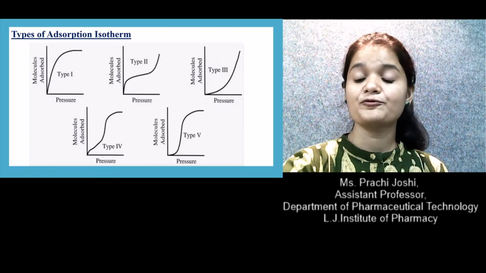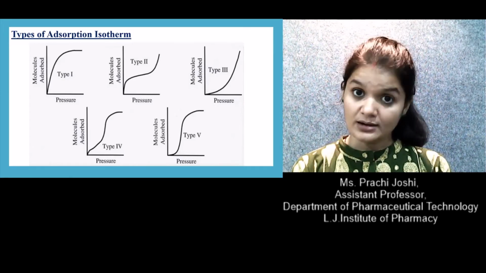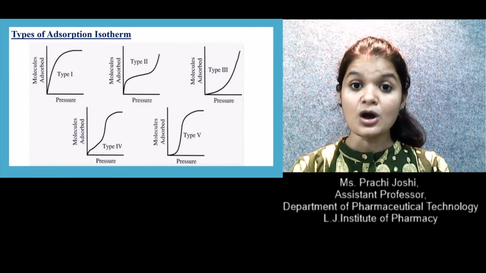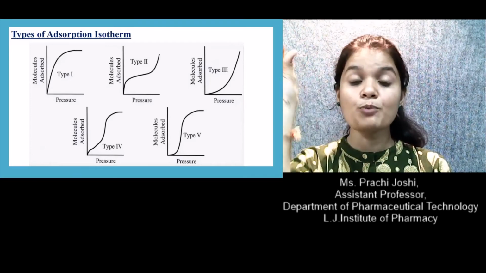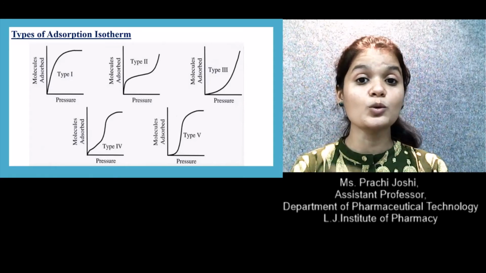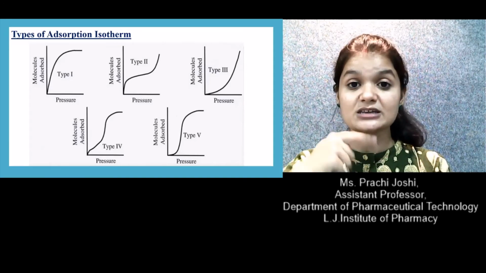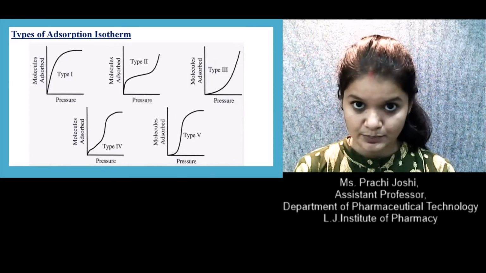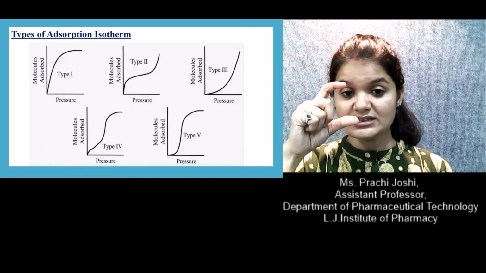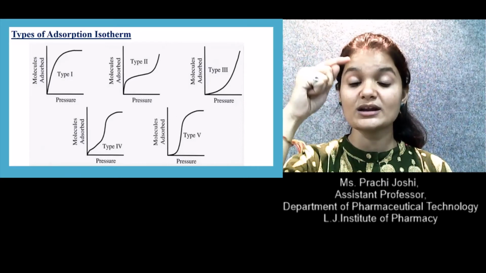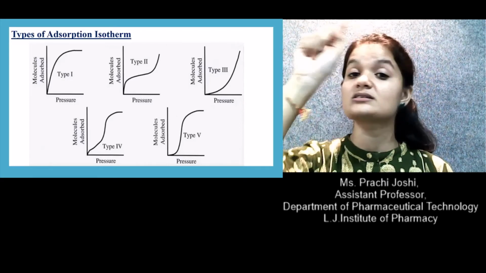Now the fourth one is for porous material, in which pores are formed. The molecules will not penetrate inside but instead form a monolayer around it. For the next one, in the graph you can see that it first goes in a straight line as you increase the pressure and then becomes constant.